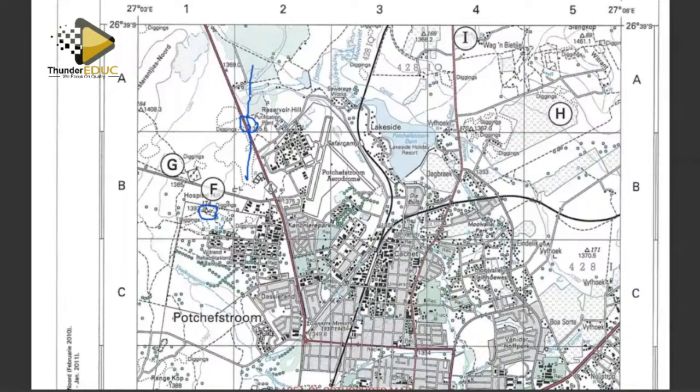Let me erase and try to draw a straighter line. You identify your point, and after identifying it, you draw a straight north-south line, parallel to your line of longitude, through your feature.